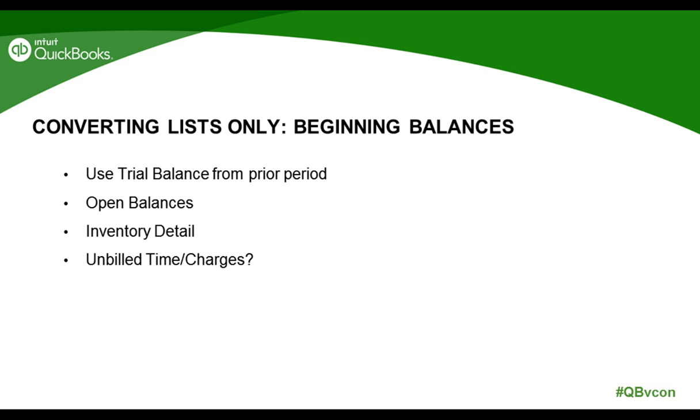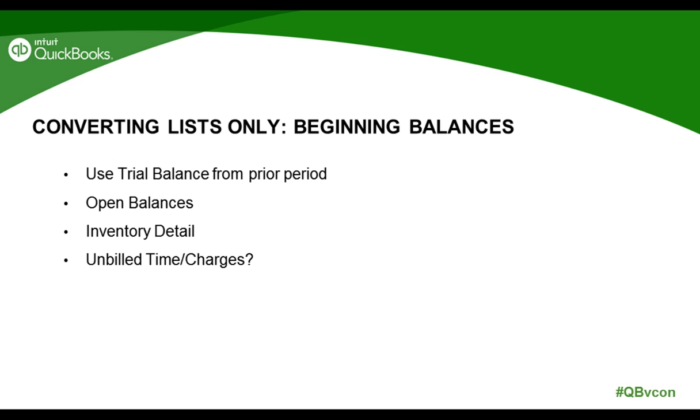So you're going to want to use a journal entry to enter all of the balance sheet balances. For bank accounts, you want to enter the ending bank balances of the prior period. You want to post prior year retained earnings and prior year net income to retained earnings. Exclude accounts receivable, accounts payable, inventory, sales tax payable, and payroll liabilities as well, as those are going to be entered later.